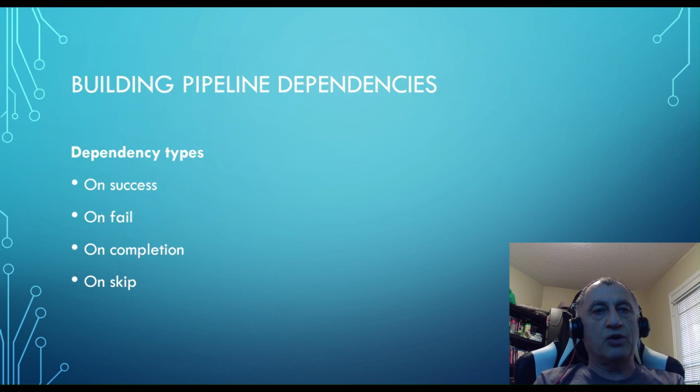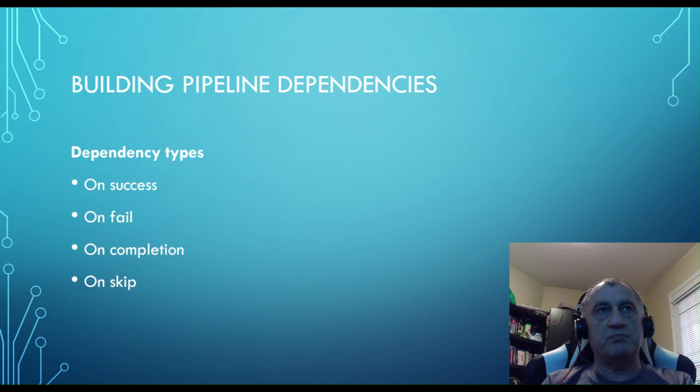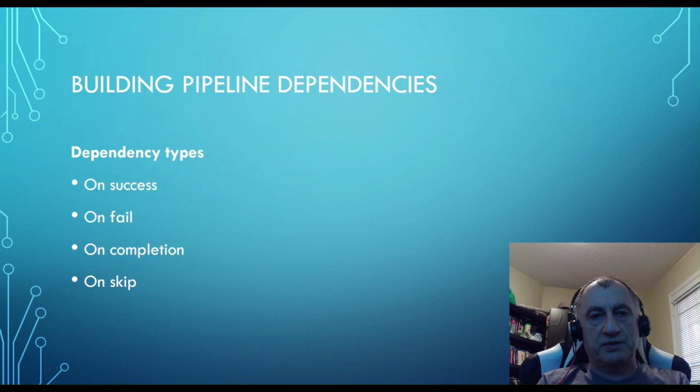And finally, on skip dependency means that my next activity will run only in case my current activity didn't run for some reason. That reason could be that there was no need for my current activity, or maybe my current activity didn't run as a result of failure from a previous activity. Reasons could be different.